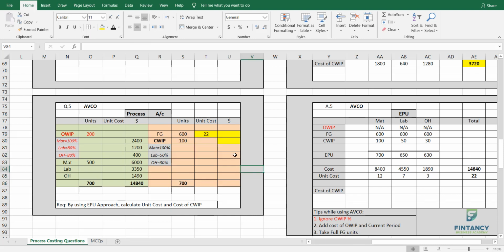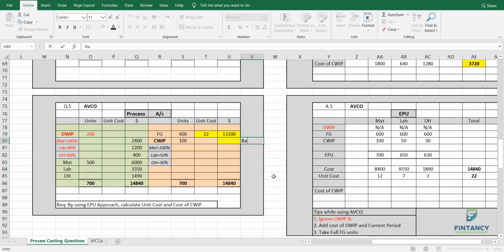Okay. So once 22 is here, what we can do is we can calculate this total. How much? 13,200. Right? So if you remember, I told you in T account, we take the heavier side. So see, this is the heavier side. So 14840, I am writing here 14840. So this thing will be the balancing figure.